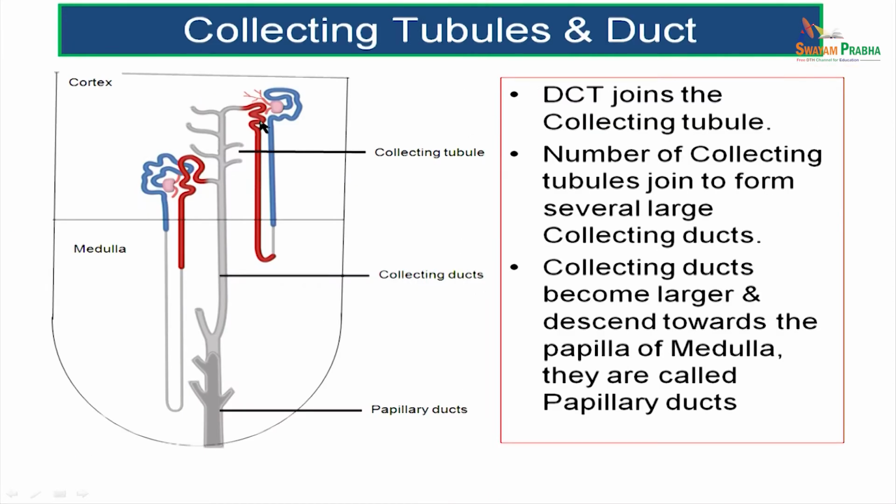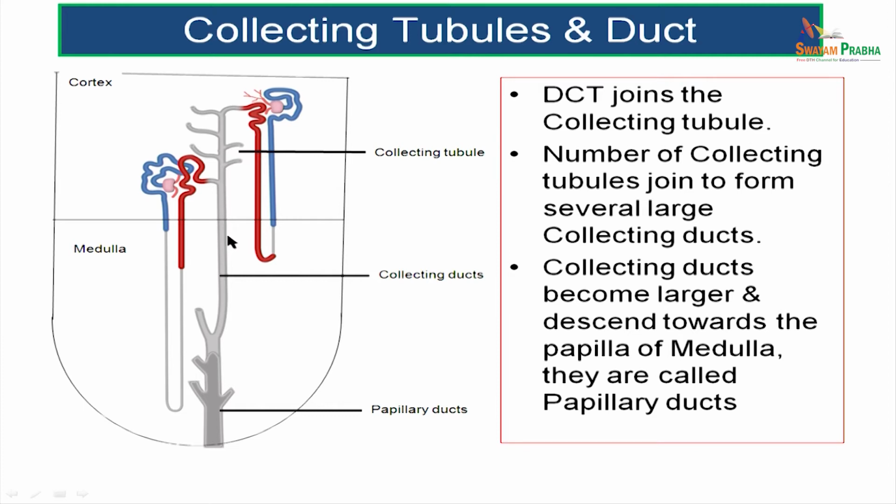The distal convoluted tubule connects with the collecting tubule. You can see in this picture, this is the outer cortex, this is the inner medulla, and the distal convoluted tubule is going to join the collecting tubule. Collecting tubules from different nephrons join and form the collecting duct.